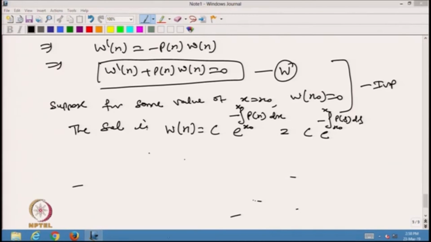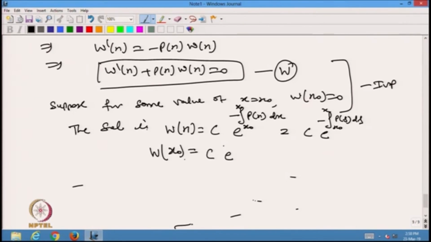Now I substitute the initial condition. So at x naught I have c times exponential minus the integral from x naught to x naught of p s ds.